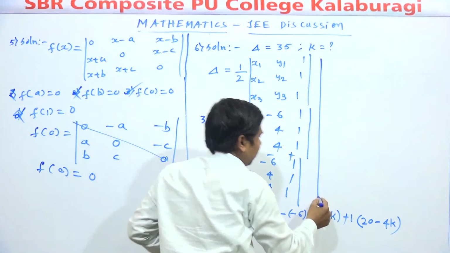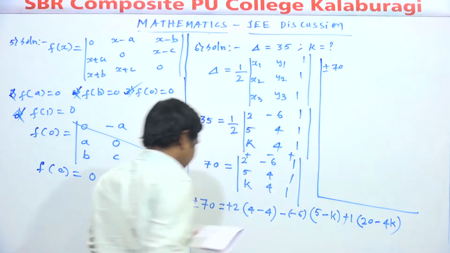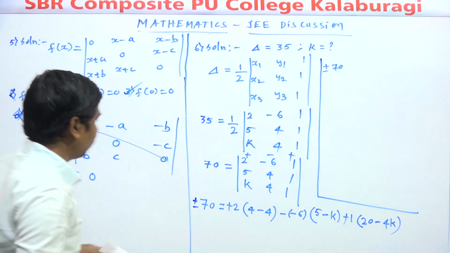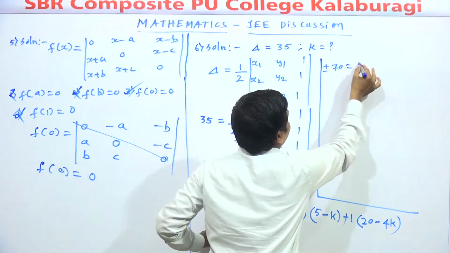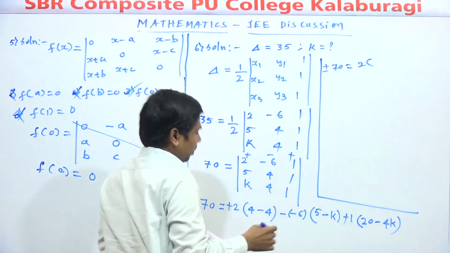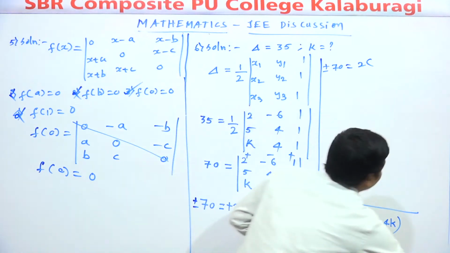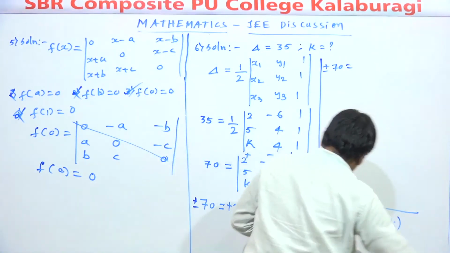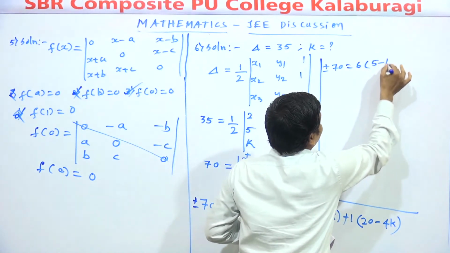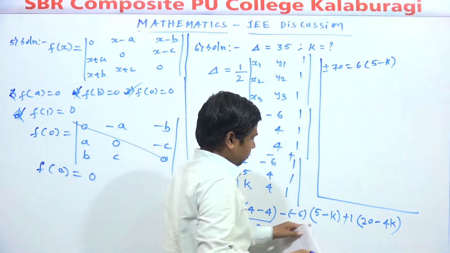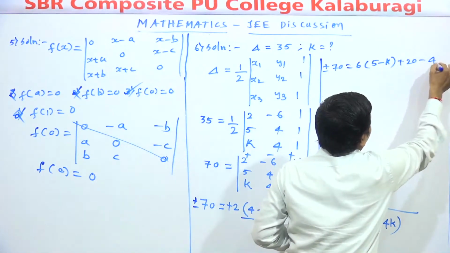So if you simplify, what will you get? Plus or minus 70 is equal to 2 into, 4 minus 4, this is 0 now, plus 6 into 5 minus k, plus 20 minus 4k.